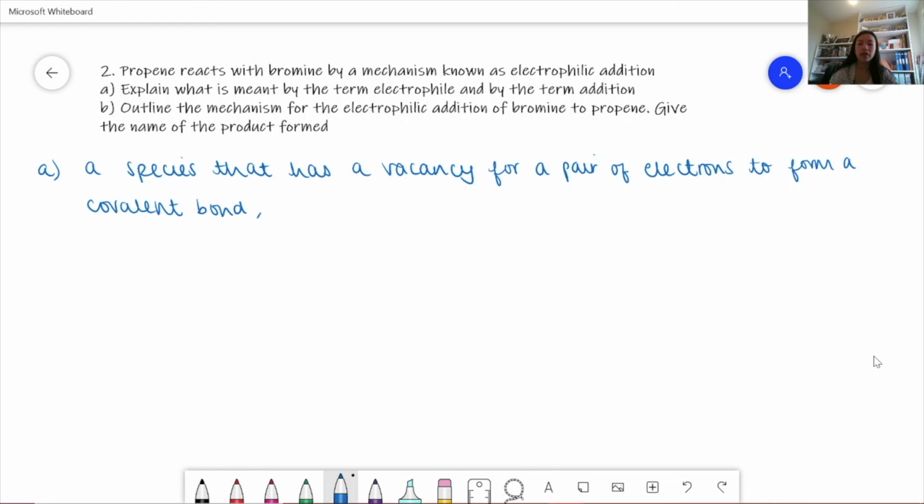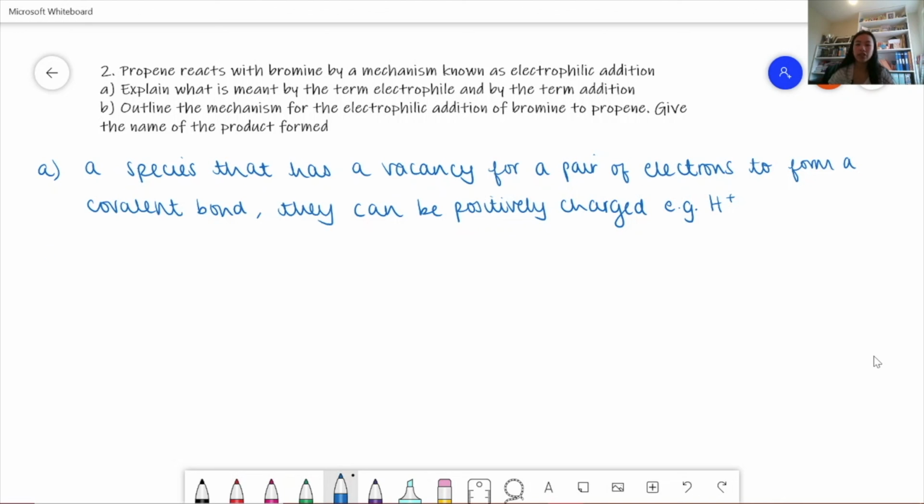And we also know that they can be positively charged. So for example, we could have an H+. And so this is for an electrophile.